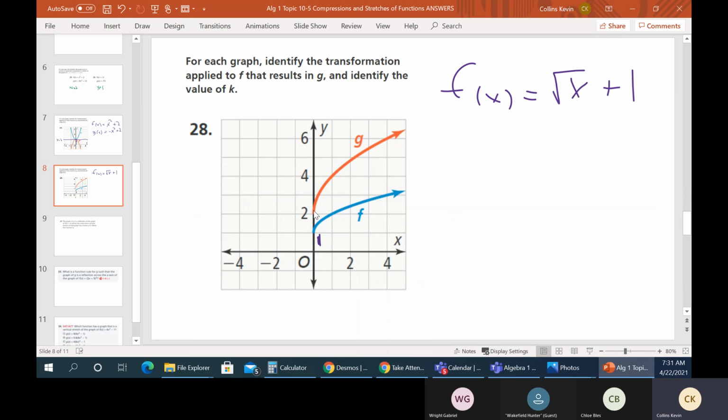So then let's look at this guy. Notice here we went over 1 and up 1. Here we've gone over 2 and up 2. And we also started at 2.